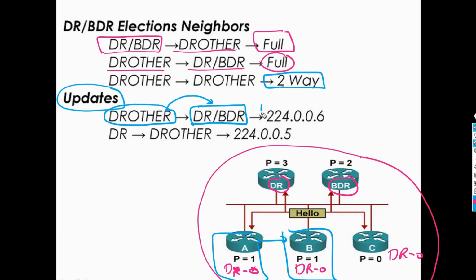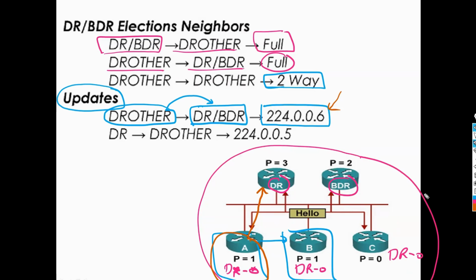When a DR other sends update information to the DR and BDR, it uses the multicast address 224.0.0.6. Clear my point?